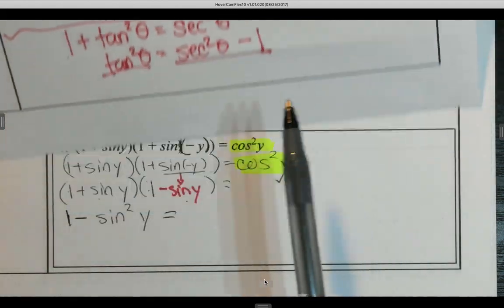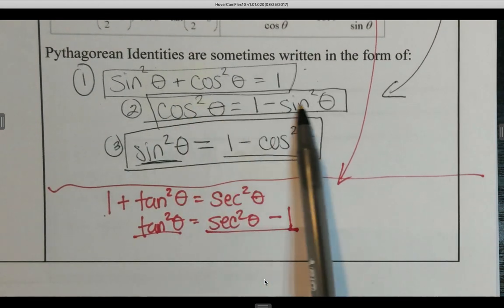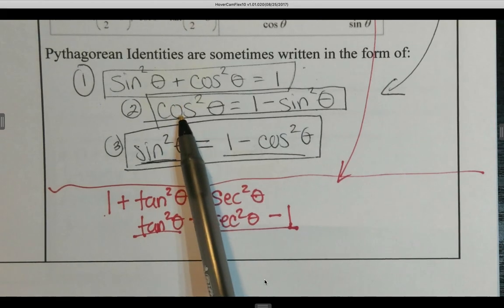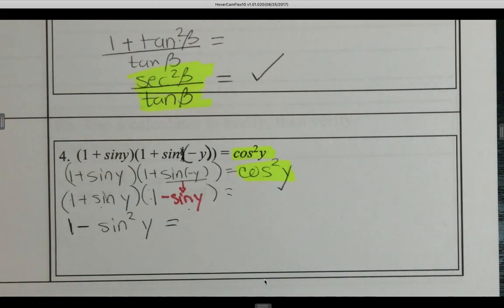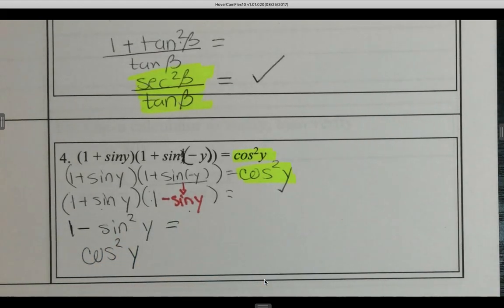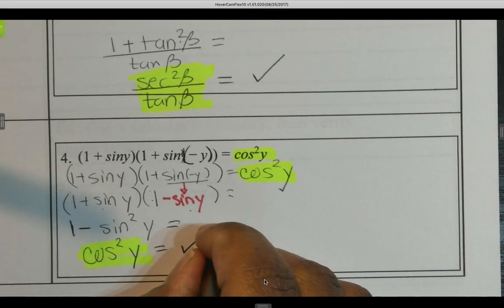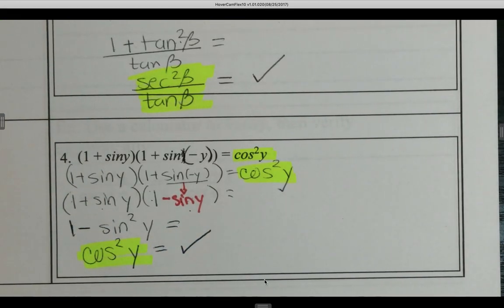So if I look at what I have, 1 minus sine squared, I'm going to use this identity here and say, well, that is equivalent to cos squared. And that's exactly what I wanted to show, that the left side equals cosine squared, just like the right side, and I have shown that. So that is complete. Okay, so try a couple problems and then look at the next video for a little bit more complex trig identities.